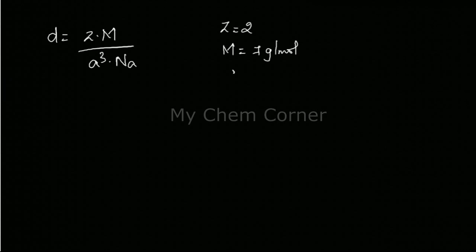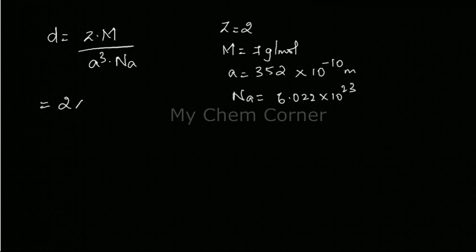Then A value here is 352 picometer, which when converted you get 352 into 10 to the power minus 10 meters. And last one is Na value, which is 6.022 into 10 to the power 23. All values are given, you just have to substitute it here.